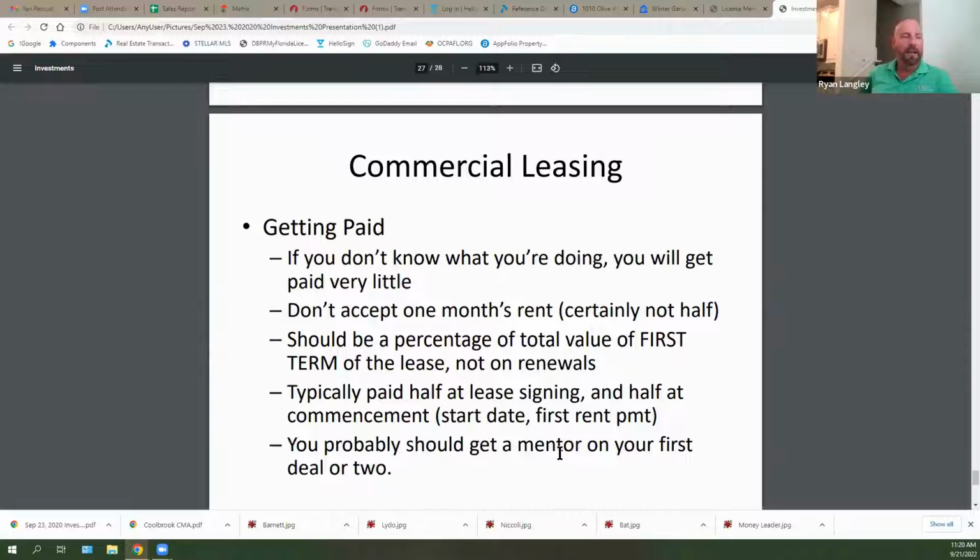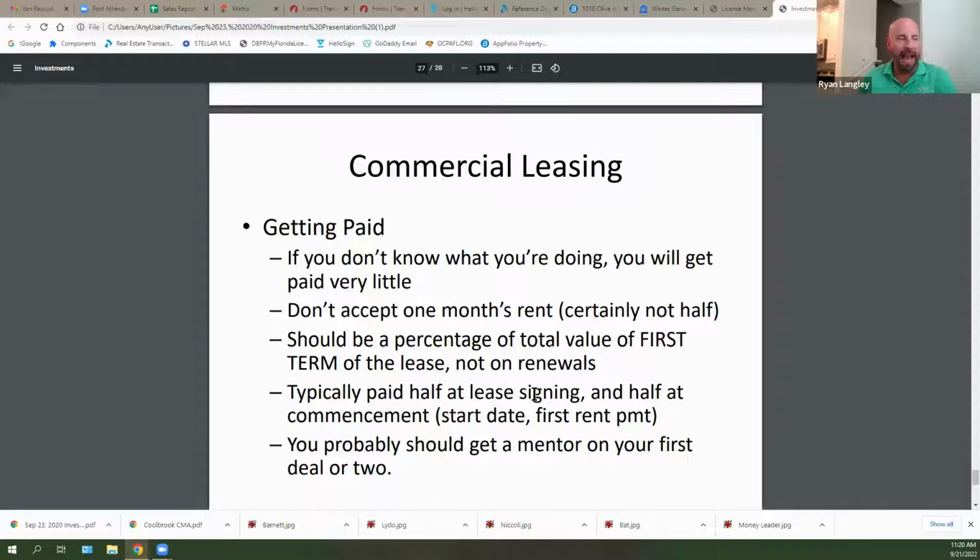That's it. Don't expect a check in 5 years when they renew. So $300,000 is the total value of that lease. You'll get paid a percentage on that, typically about like residential. It's about like selling a $300,000 house, if that's what you do, okay? So it should be a percentage of the total value of the first term of the lease, not on renewals.